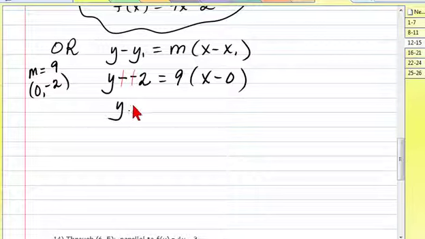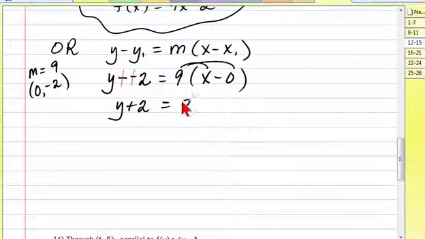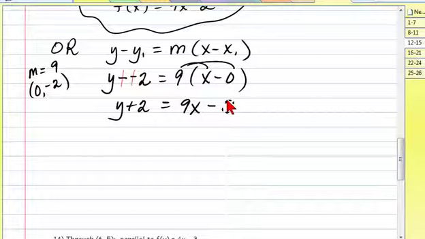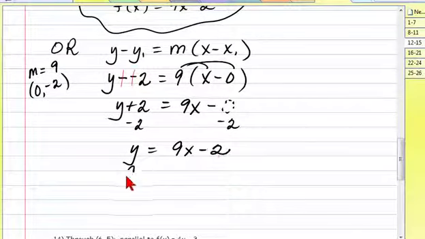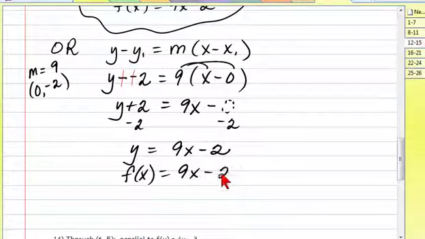That means I have y plus 2 is equal to 9x minus 0. 9 times 0 is 0. In other words, I don't need to write that. I need to subtract 2 from both sides, and I get y is equal to 9x minus 2. F of x is 9x minus 2.